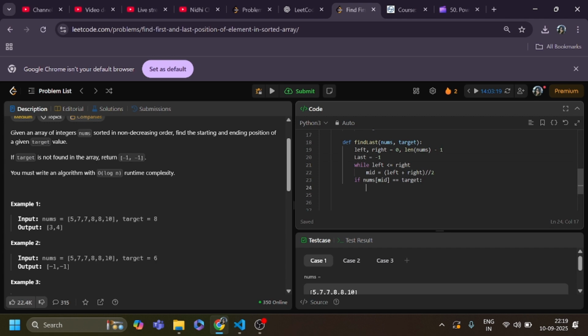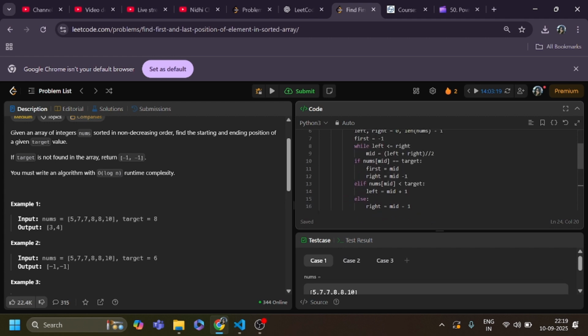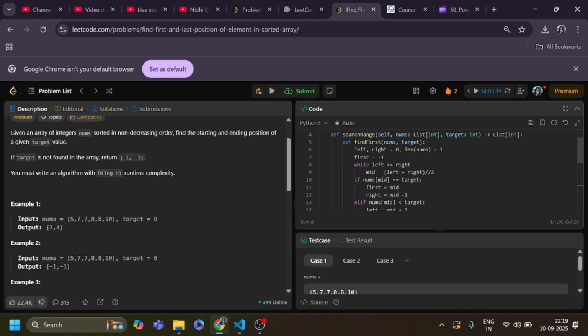Now I need to define last equals mid, and left equals mid plus 1.